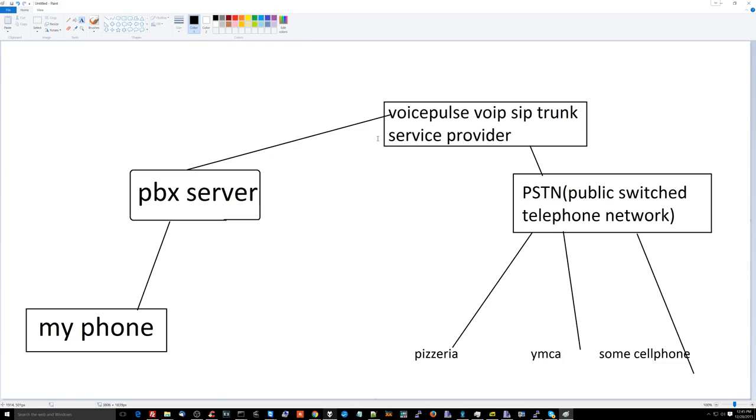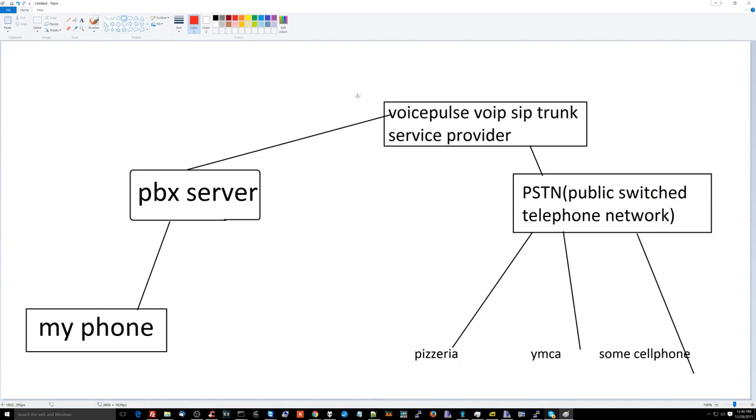Now, the one thing that I want you to take away from this is that the PBX's functionality is allowing each one of your individual extensions to attach to it. So your PBX is the box that knows how many phones you have. So in this configuration that I have here, let's say that I have this stuff located within my business.